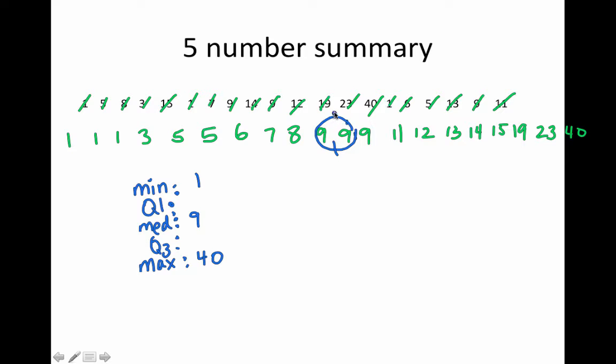Which means if this is where the median is, right here, then we would take the median of the numbers to the left of it for quartile 1. So let's do that right now. We got 1 and 9, and 8 and 1, and 7 and 1, and 6 and 3, and the median of the lower half of the data, or quartile 1, would be in between 5 and 5, which is 5.